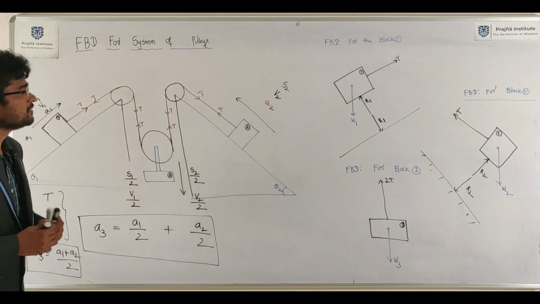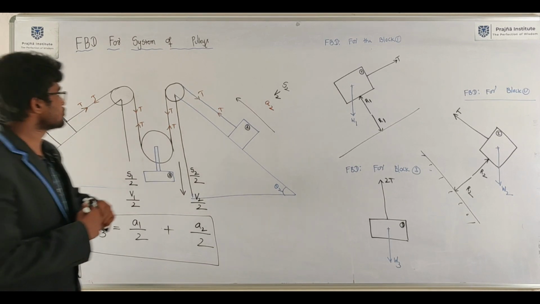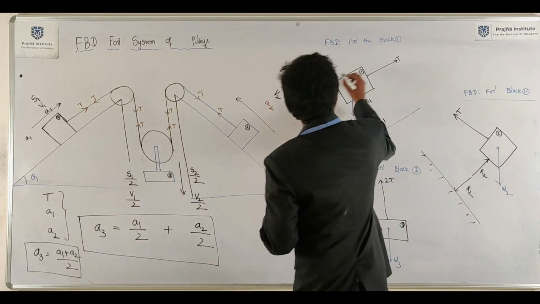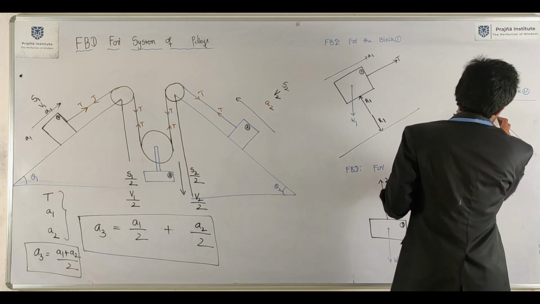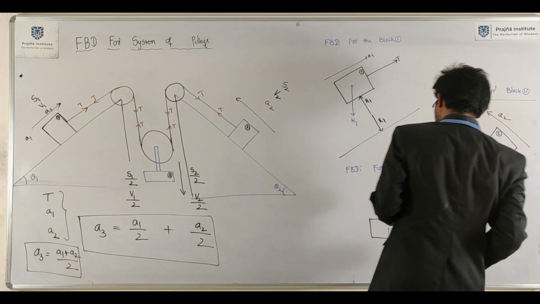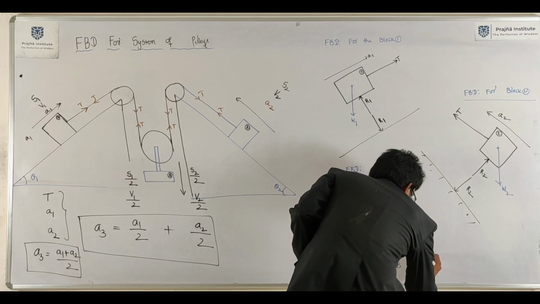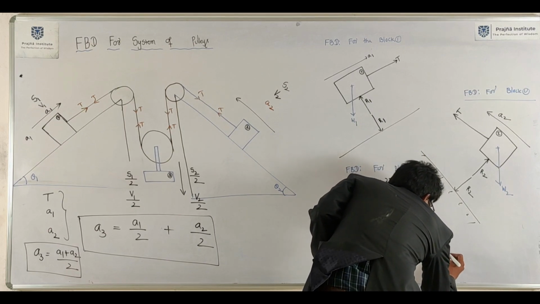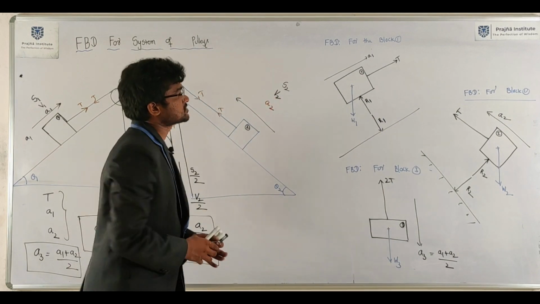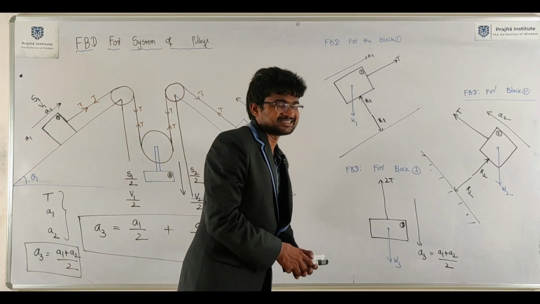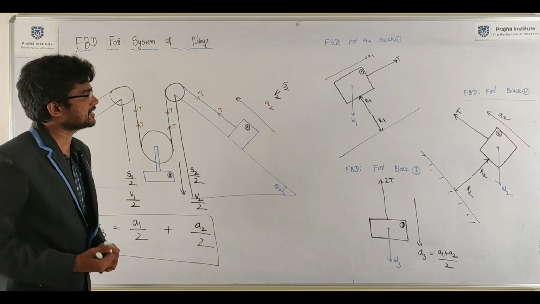Next up, inertia forces. Here it is A1, this particular thing is A2, A3, which is A1 plus A2 by 2. I have just drawn the directions of motion of the blocks. This is the assumed direction.